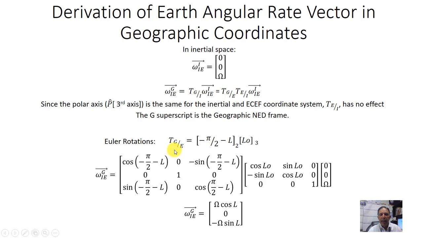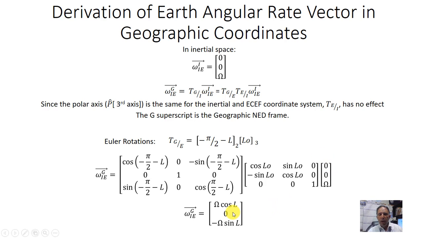We could represent the direction cosine matrix transformation that goes from ECEF to geographic by the commutative Euler rotations: longitude about the 3rd axis, and then minus pi over 2 minus latitude about the 2nd axis. This is written out here, multiplying the three matrices, with the last matrix being the column vector of omega IE expressed in inertial coordinates, 0, 0, omega.